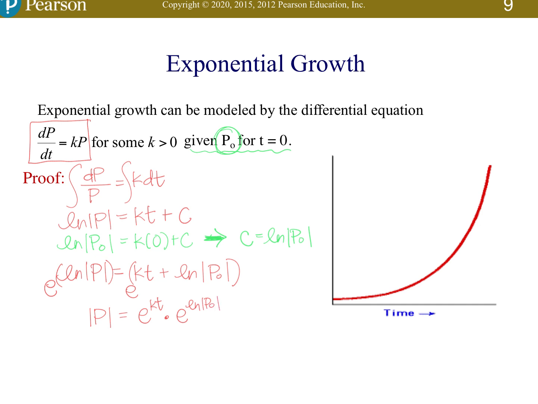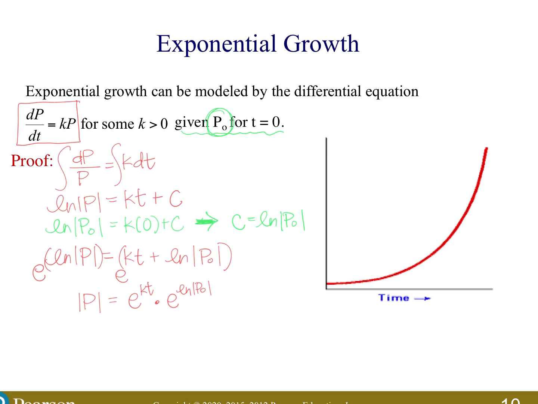Remember that addition within the exponent is the same as multiplication. Then I can use the fact that e and ln are inverses of each other, so this e-ln combination inverts, and you're left with the absolute value of P equals e to the kt times P sub 0, absolute value.